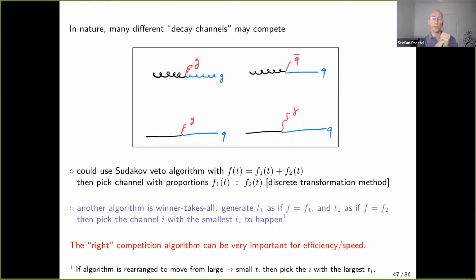Another neat algorithm that is typically used is a winner-takes-all algorithm. In that case, you generate a decay scale with a probability distribution for the first decay, and another decay scale with a probability distribution for the second decay. And then you pick the channel i with the smallest decay scale to occur.